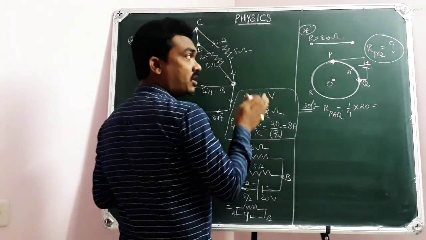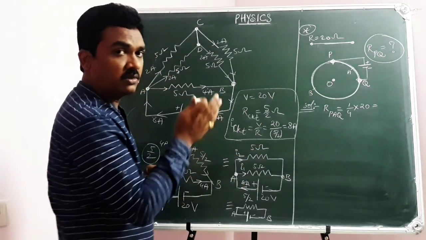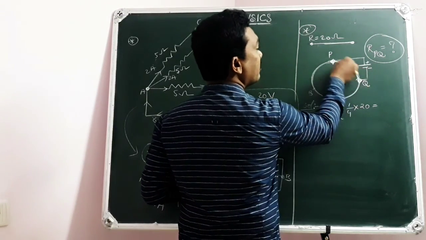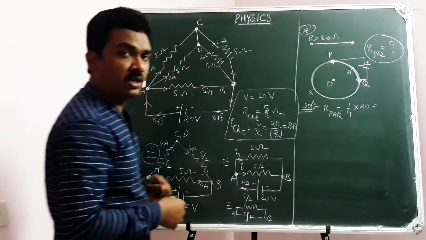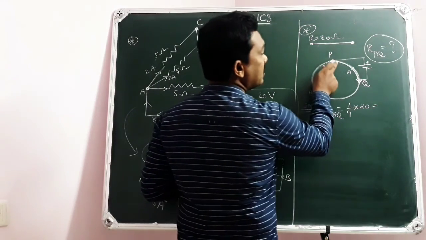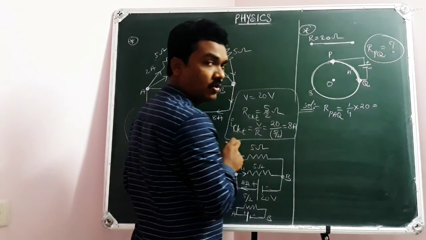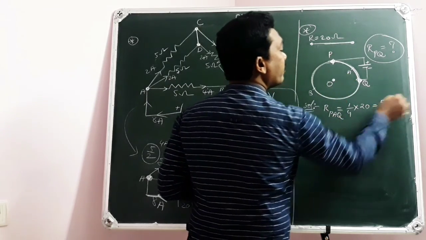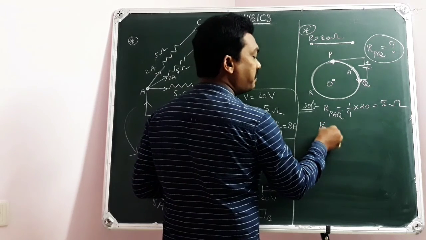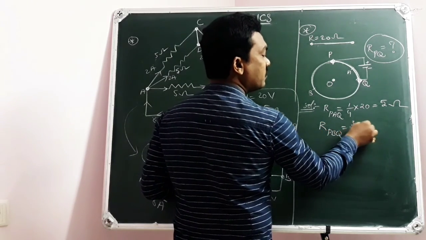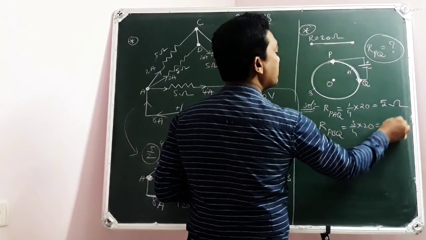The reason is with the same cross-sectional area at the same temperature with the same material, but the length is 1/4 of it. You know, R of a wire is proportional to its length under such conditions. So the resistance for the portion PAQ will be 1/4 of 20, which is 5 ohm. And for the portion PBQ, resistance will be 3/4 of 20 ohm, which is going to be 15 ohm.